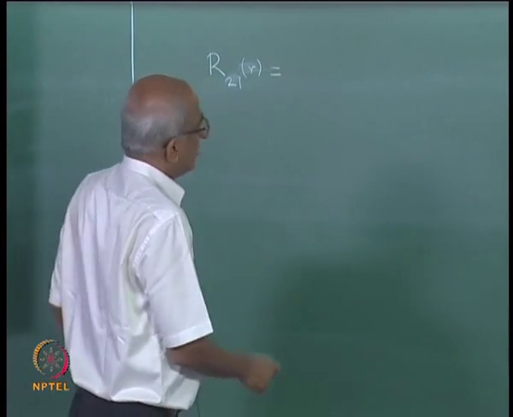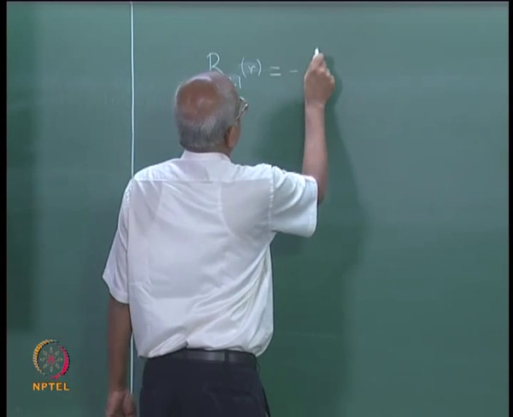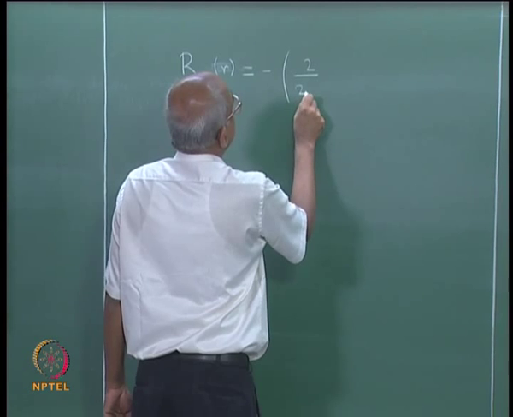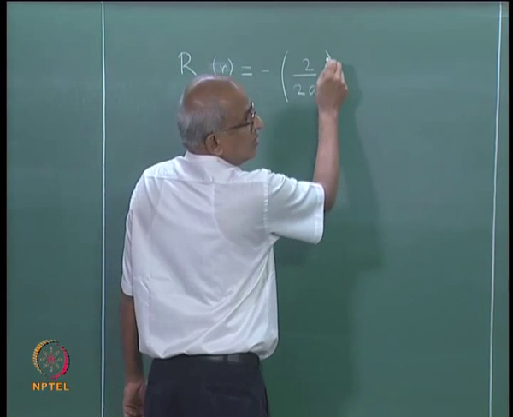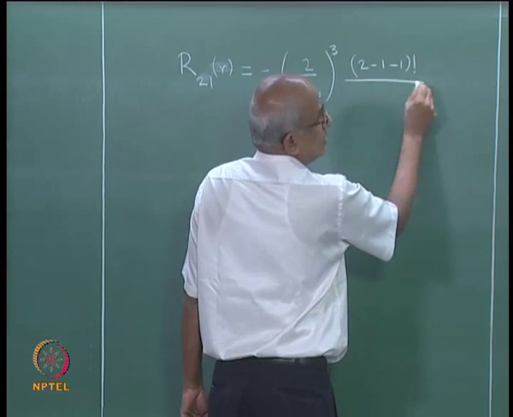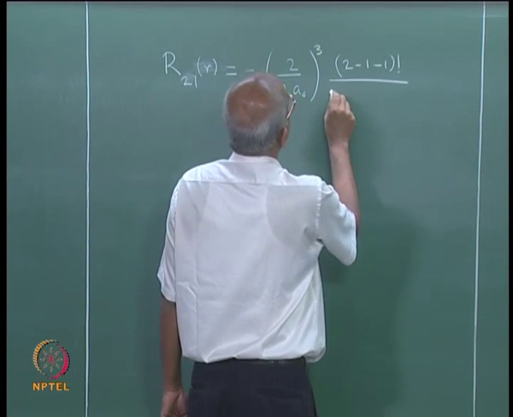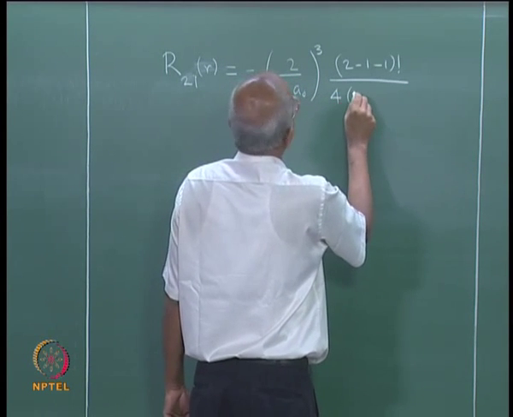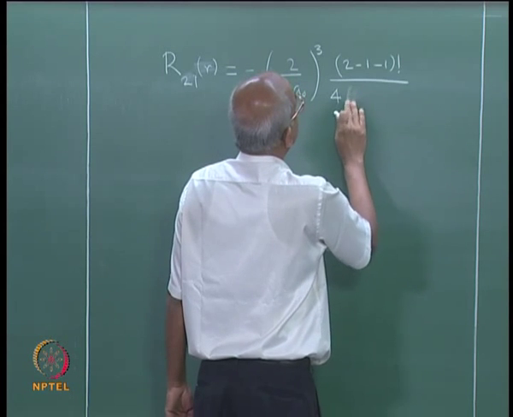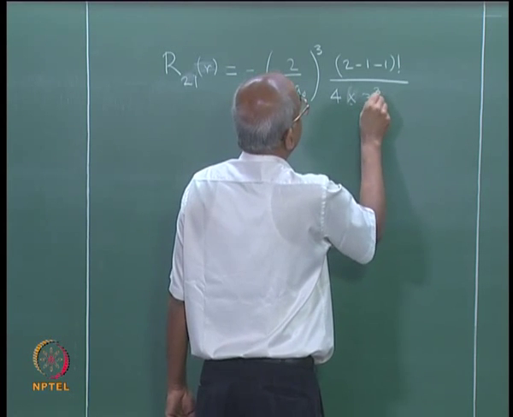So, if you think of R21, what is going to happen is I am going to have minus the square root of 2 by n, n is 2, so 2 a0 to the power of 3, times n minus L minus 1, so 2 minus 1 minus 1 factorial, divided by 4 into 3 cube.